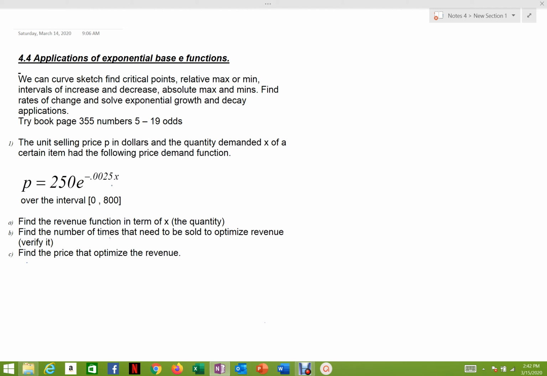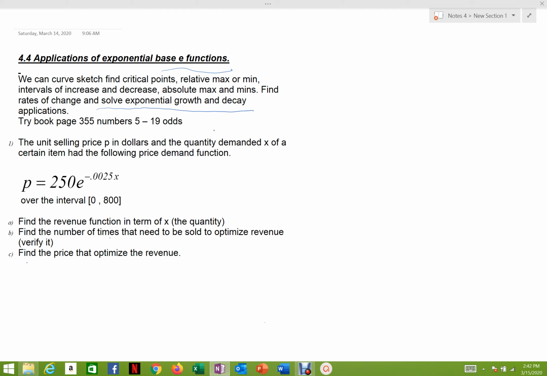Right, working through it. So first is going to be applications of exponential base e functions. Before we went on break, remember we had derivatives of logarithms and derivatives of exponentials, and if I have time, I might post a video on those. In this section, 4.4, we're going to expand the applications. We already did a little bit with finding tangent lines with exponentials and logs, finding simple maxes and mins, and rates of change before we went on break.